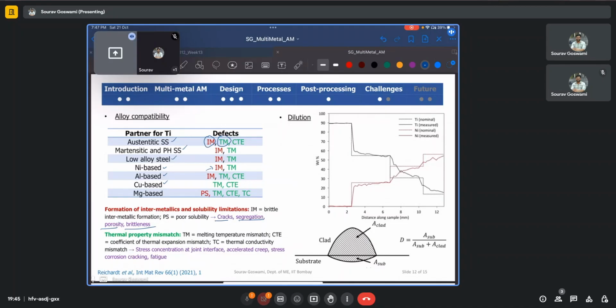The second challenge is actually the dilution of composition. So usually we would have a designed composition which is very well defined in these mathematical steps. So say I have designed the composition for nickel to vary along this ramp-like function along the length or the distance along the sample.